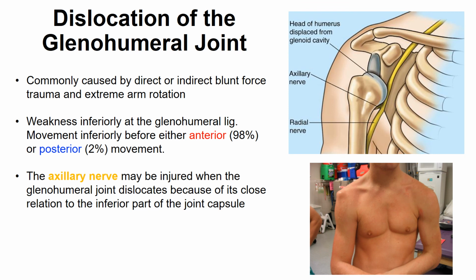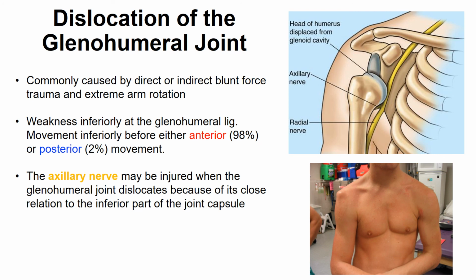We talked earlier a little bit about the dislocation of the glenohumeral joint. This is basically movement of the head of the humerus out of its socket made by the glenoid fossa. We also talked about the glenohumeral ligament being weak inferiorly, that little pooching, and there are no other ligaments or muscles that attach there to help support it.